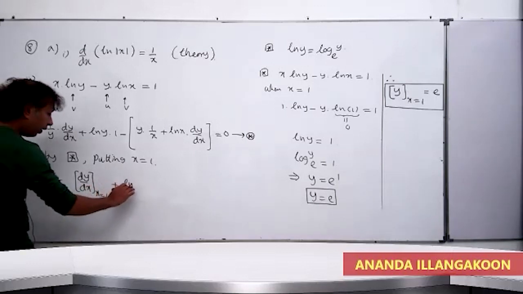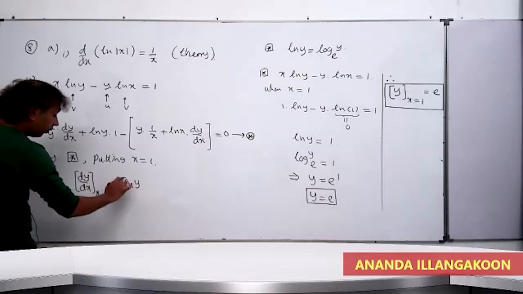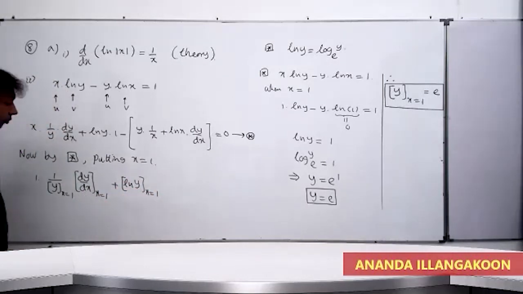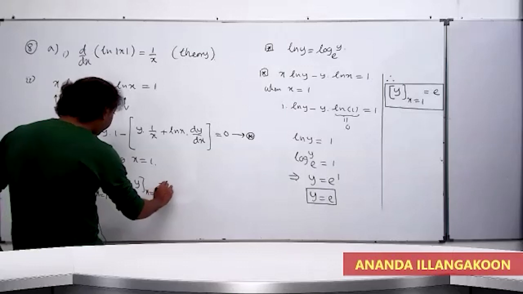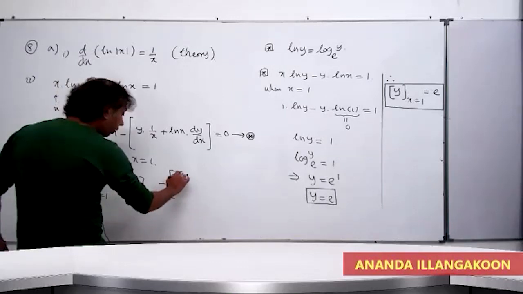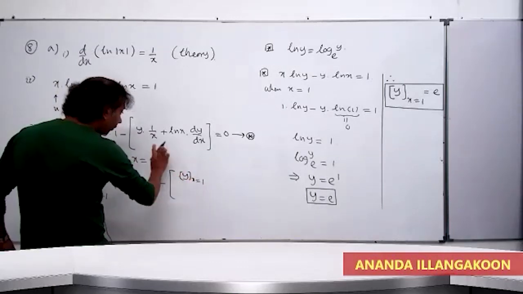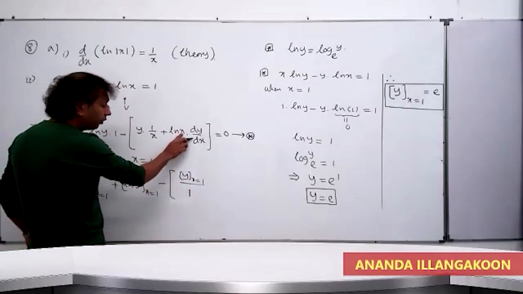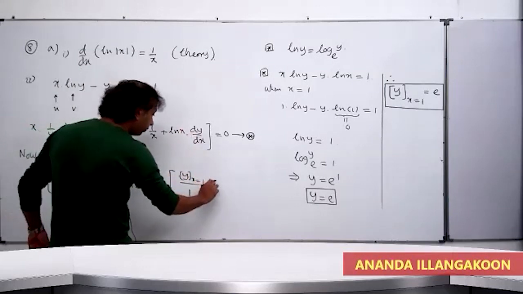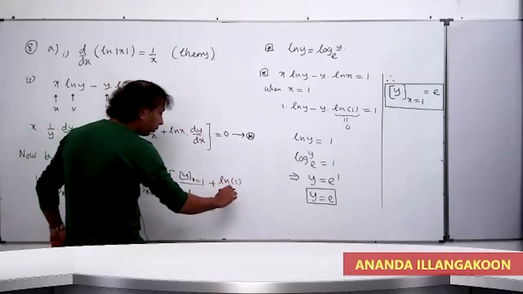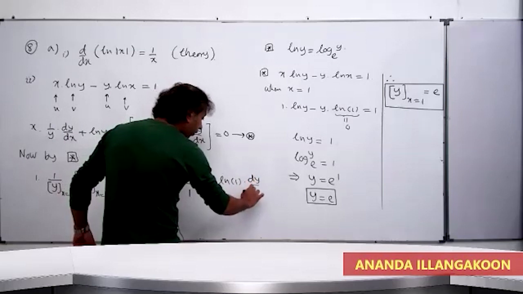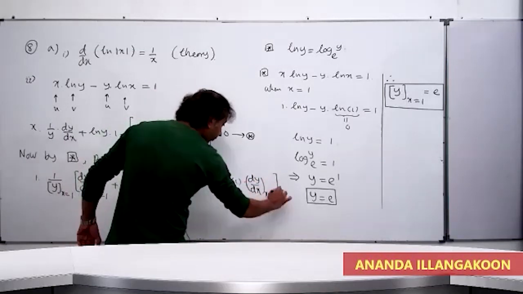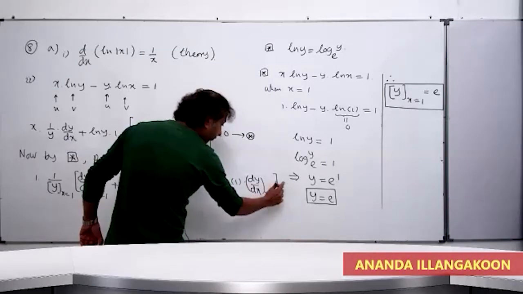And this ln y at x equals 1, this is how we write. And minus the y value at x equals 1, this is how we write that. When you put x equals 1, here ln 1 is 0, people. Ln 1 times dy by dx at x equals 1. This is equal to 0.